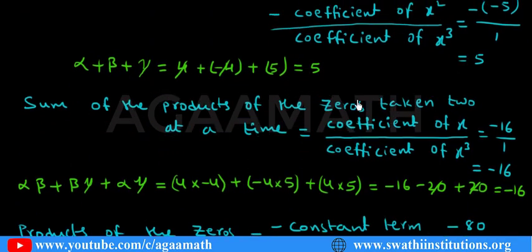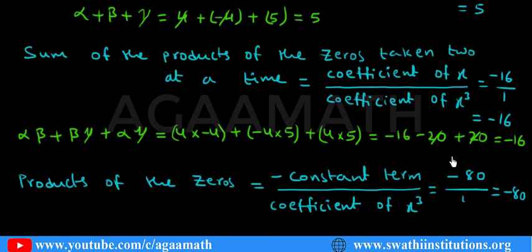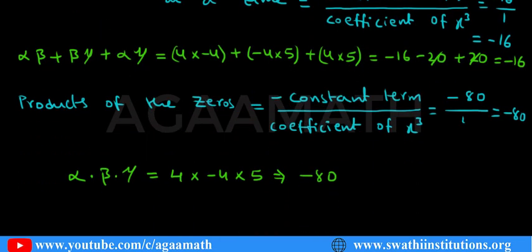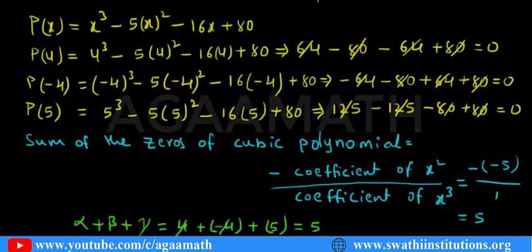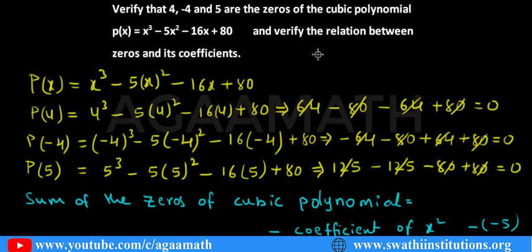And then with the zeros we verified, then sum of the product of the zeros taken two at a time, coefficient of x by coefficient of x cube, that is minus 16 by 1 is minus 16. Even with the zeros we have verified it is minus 16. So this got verified. So this is just an example I would like to give you of how to verify the given zeros of the cubic polynomial and the relation between the zeros and its coefficients.